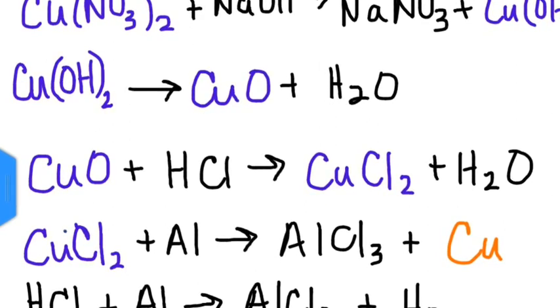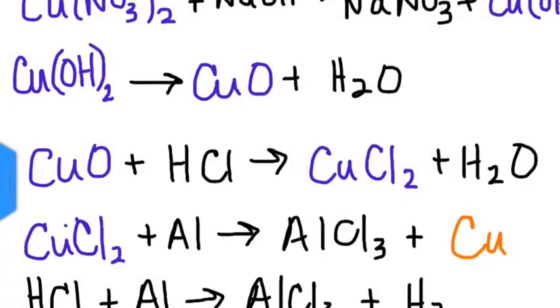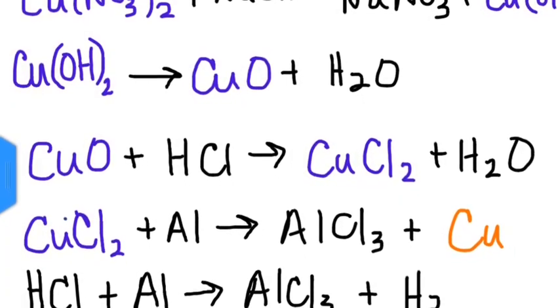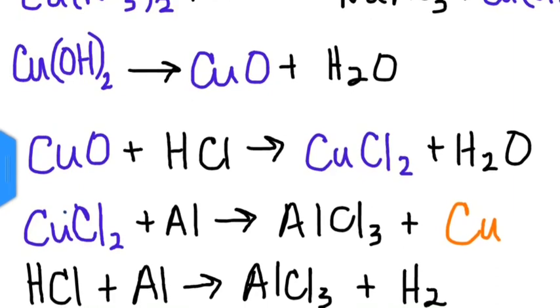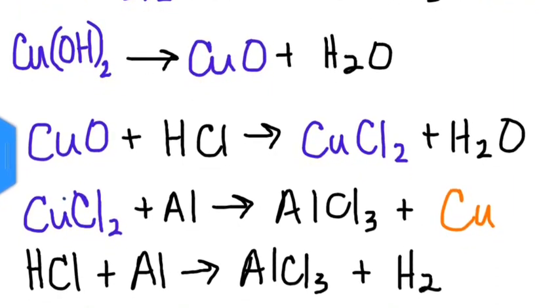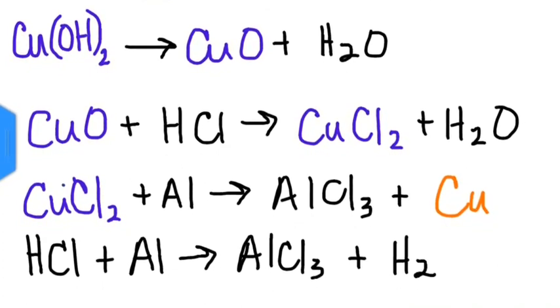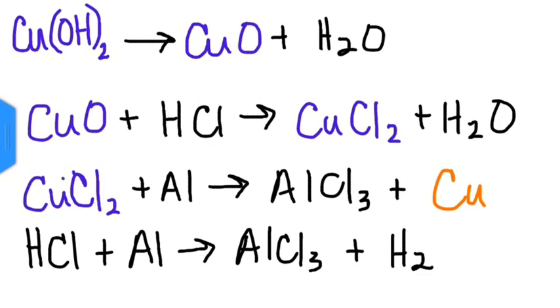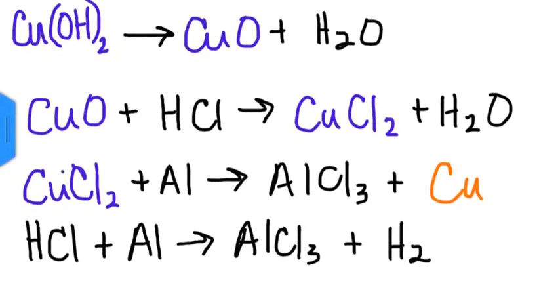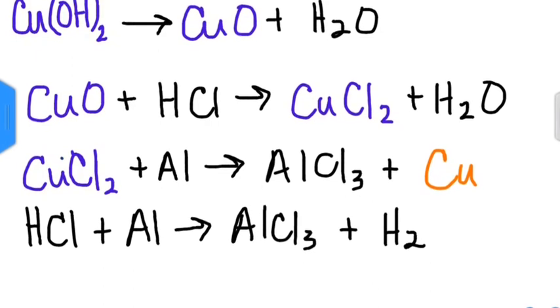A final look at that last reaction between the hydrochloric acid and the aluminum shows us that the hydrogen ions in the hydrochloric acid, or HCl, are converted into hydrogen atoms. Hydrogen ions are what cause acids to be acidic, so the fact that those ions have changed into atoms means that the solution should no longer be as acidic.